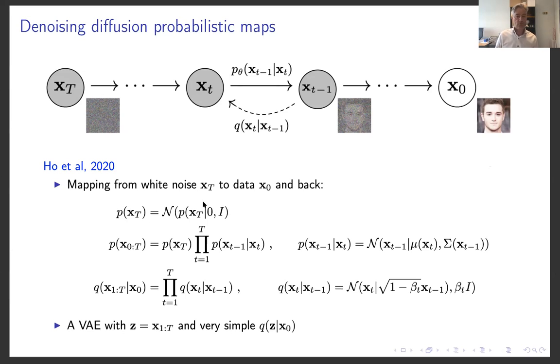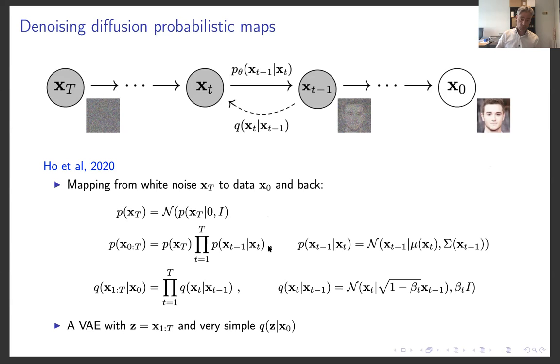So we have the white noise, xT. That's simply drawn from a normal distribution with zero mean and unit identity covariance.